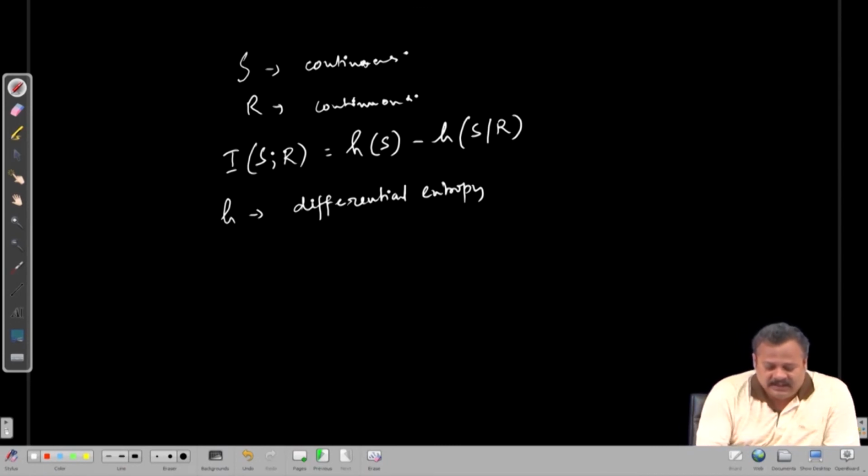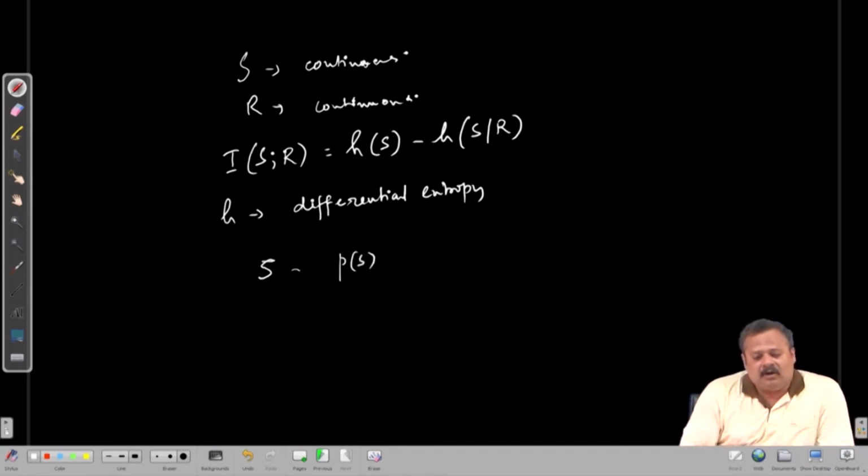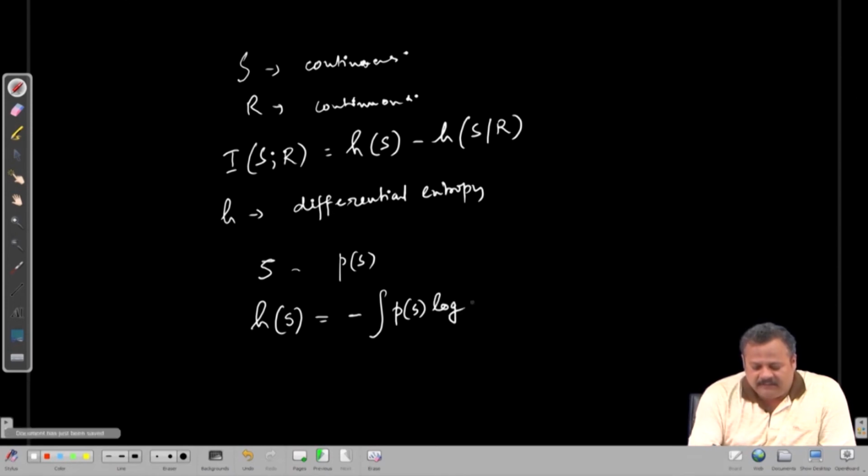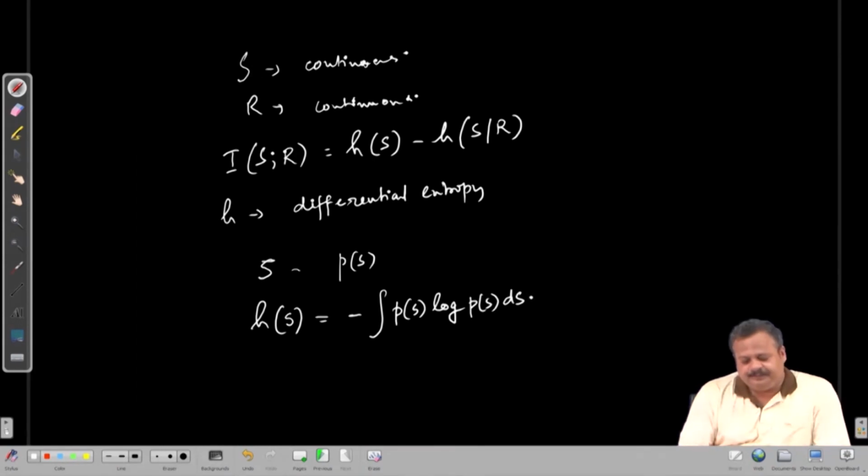Let us say S has the density P of S. Then the differential entropy of the stimulus is the negative integral of P of s log P of s ds.